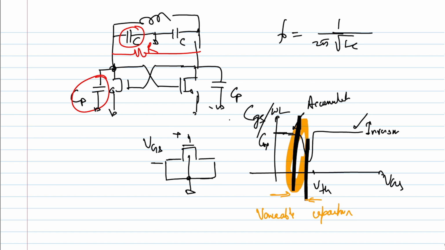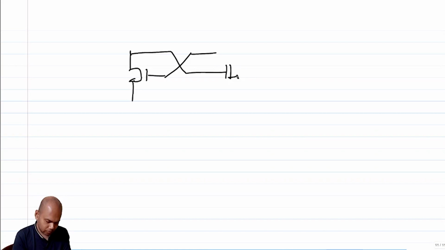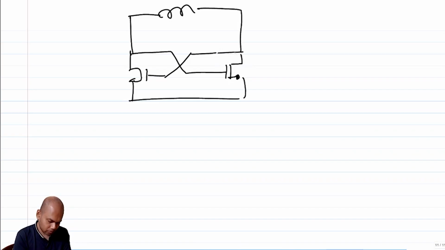So how do I change the VGS? If I sketch it like this, all I can do is connect the gate as is and have a control voltage here.